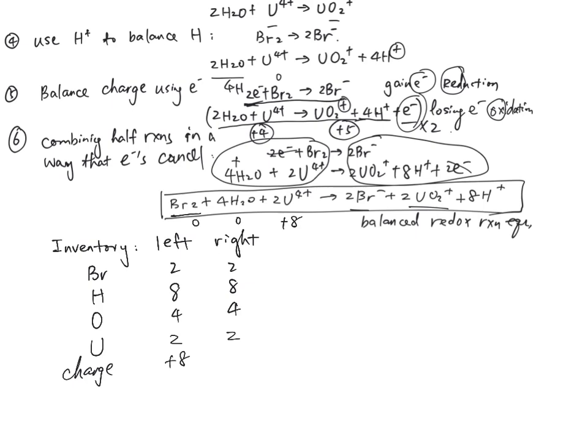Now, on the right side, you have negative 2, positive 2, and then 8 plus 1 charges of hydrogen, H plus ion. So negative 2 plus positive 2 is 0, 0 plus positive 8 is plus 8. So everything checks out.